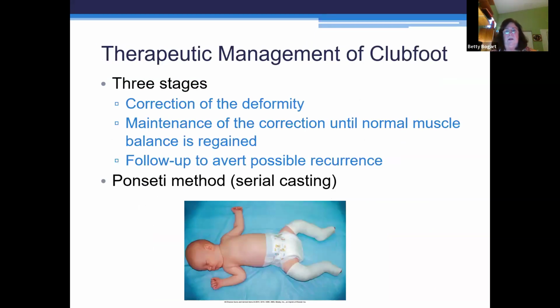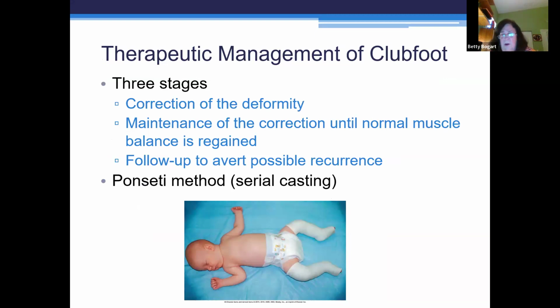Every week they come in, because remember how quickly they're soft and they will correct that quick, and we'll change casts every week. It could be for the first 8 weeks of life. You do not wait a month to get these kids in. Every week they need to come in and they'll be doing this serial casting.